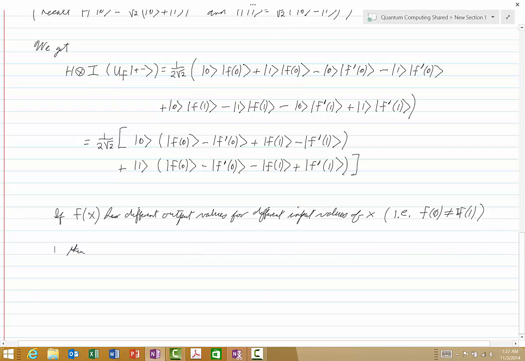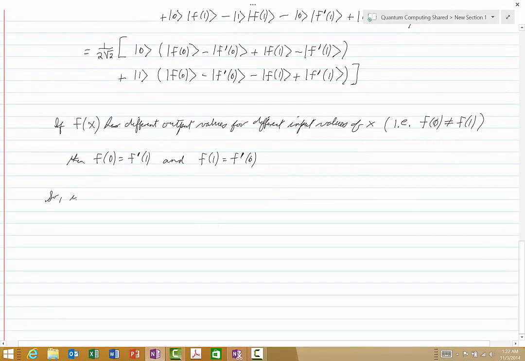So if f of 0 is not equal to f of 1, then f of 0 must be equal to f prime of 1. And similarly, f of 1 must be equal to f prime of 0.